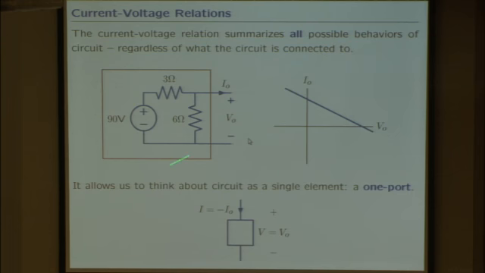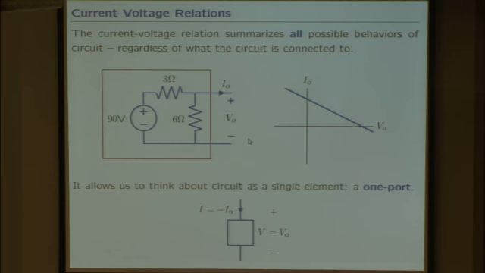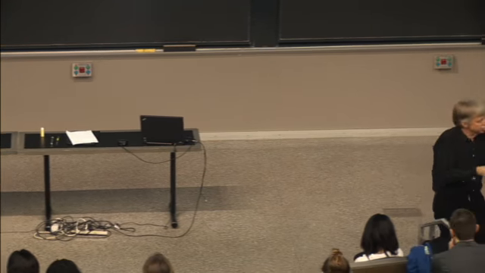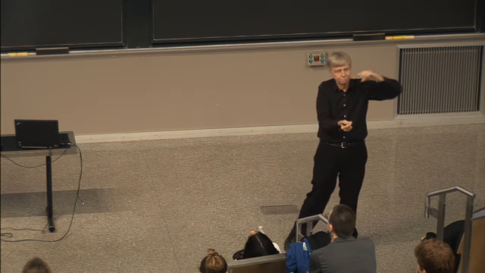Think about this circuit on the left, the thing that's in the red box. At its terminals, the terminals are the things that poke through the red box. First off, it has two terminals, just like all of our other parts. It's like a resistor, it's like a voltage source, it's like a current source. It's a two-terminal device. And just like those, there's some voltage across those terminals, and there's some current that flows in those terminals.